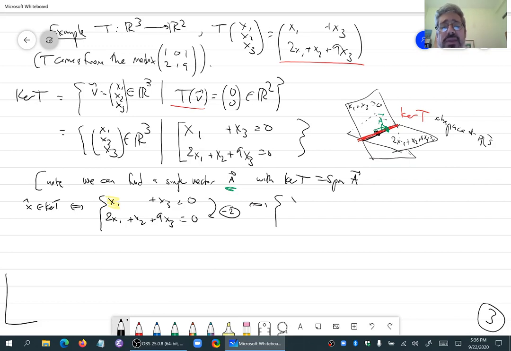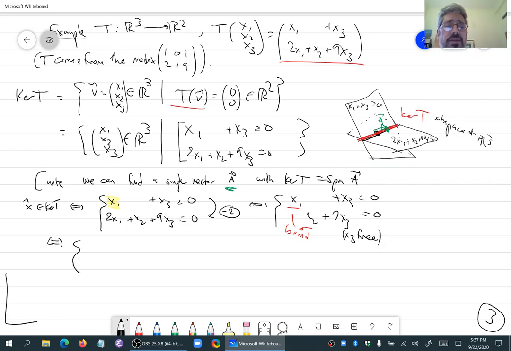So this is the same as saying that x1 plus x3 equals 0, and then I remove 2x1 and remove 2x3, and I remove 2 times 0. I'm left with just x2 plus 7x3 equals 0. And now this is more obviously x1 and x2 are bound, and x3 is free.